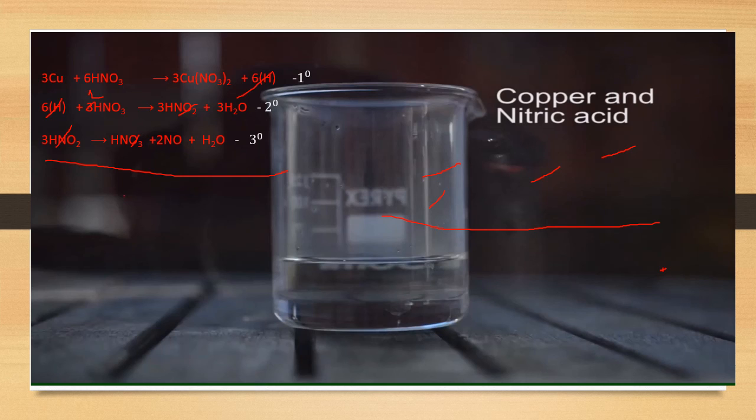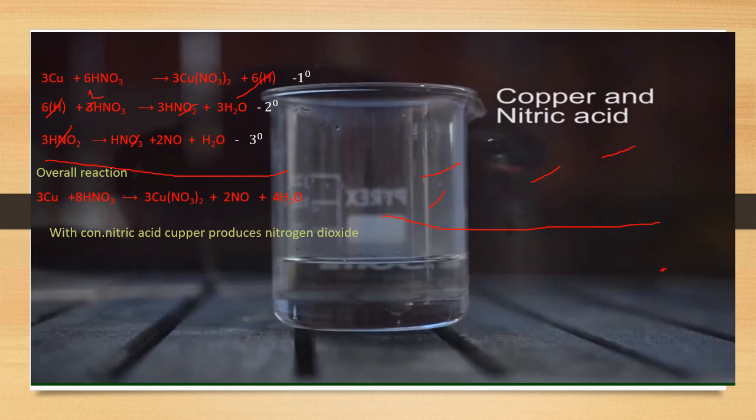Then on the product side there is 1 nitric acid; from this I can cancel 1 nitric acid and it becomes 2 nitric acid. Now you can write the product. The overall reaction is 3Cu plus 8 HNO3 gives 3Cu(NO3)2 plus 2NO plus 4 H2O.